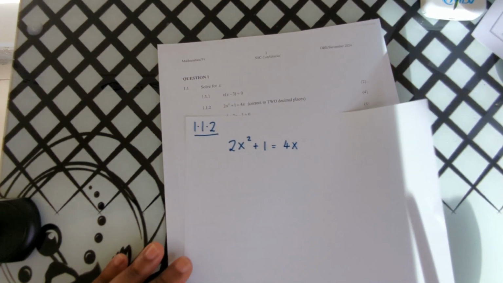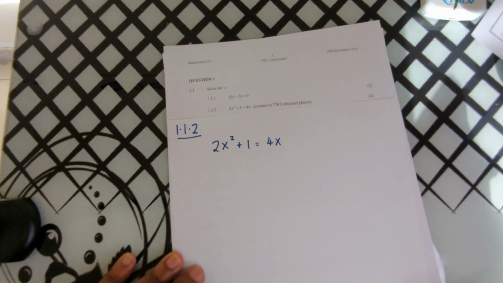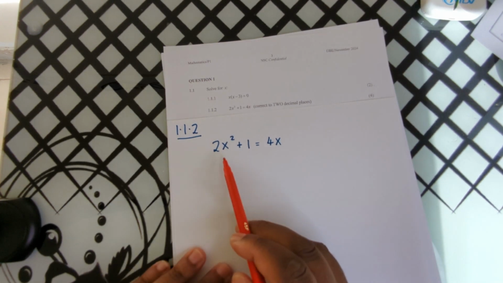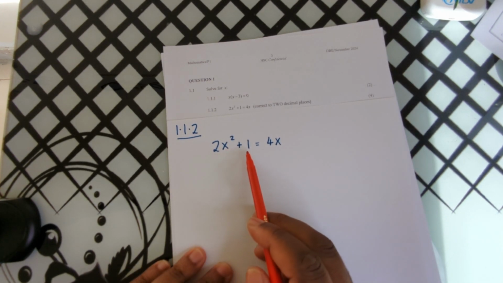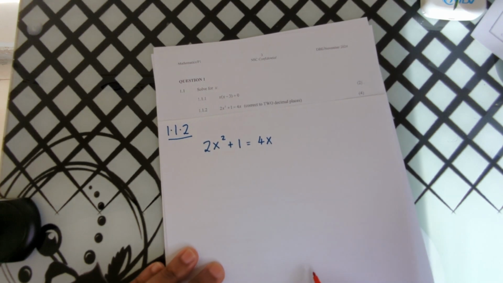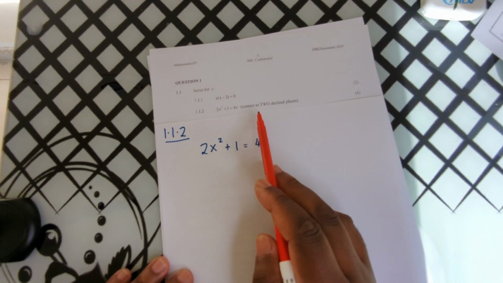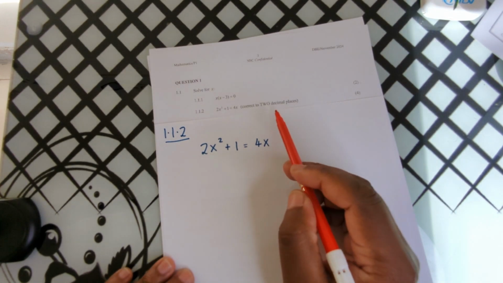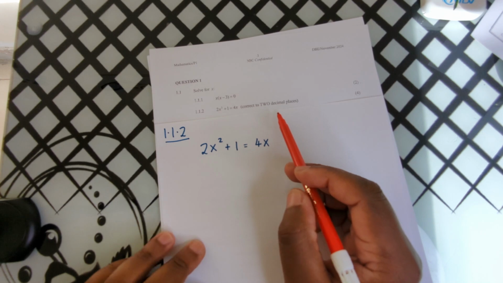Let's move on to the next question, which is 1.1.2. In question 1.1.2, we are given another quadratic equation: 2x to the power 2 plus 1 is equal to 4x. And your answer should be rounded to 2 decimal places. So this implies that we have to use the quadratic formula.